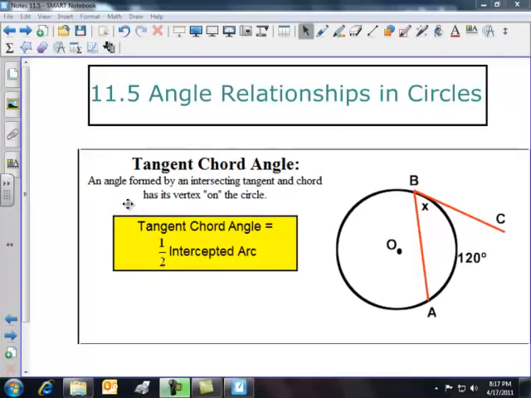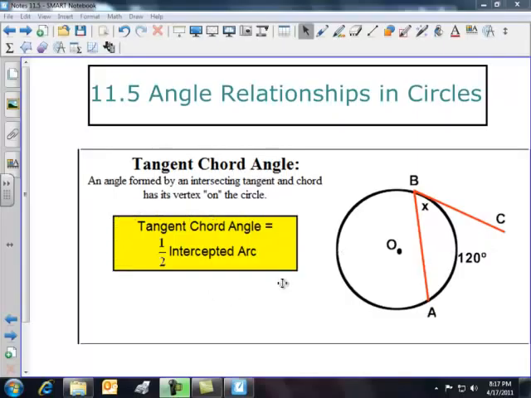The first that we're going to talk about is a tangent chord angle, which, as the name suggests, is an angle that is formed by a tangent as well as a chord. And notice that the vertex here is actually on that circle. If you know the measure of this intercepted arc, which in this specific case is 120 degrees, what we know about a tangent chord angle is that the measure of that angle is half of this intercepted arc.